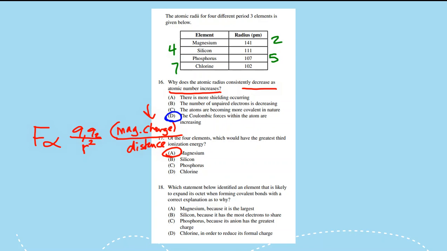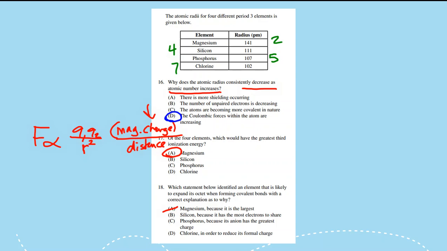Now, why is magnesium not a viable choice? First and foremost, magnesium is a metal. Is it going to covalently bond? No. Remember, they can expand their octets in energy level 3. This is true because they have the d orbitals. That's all true.